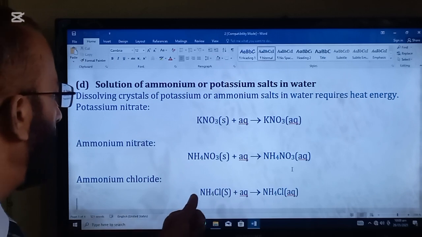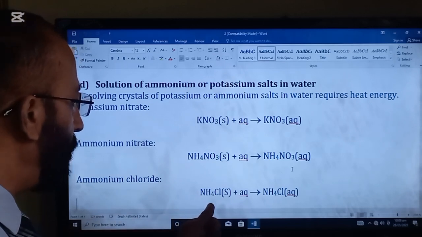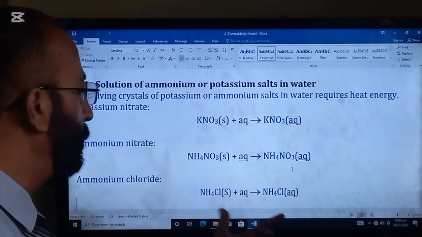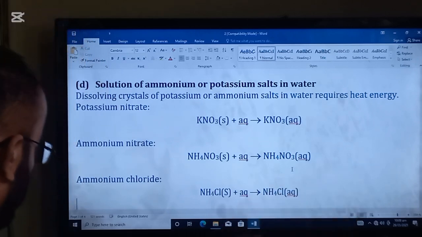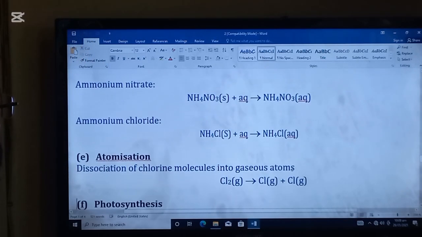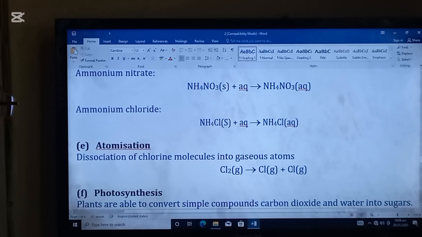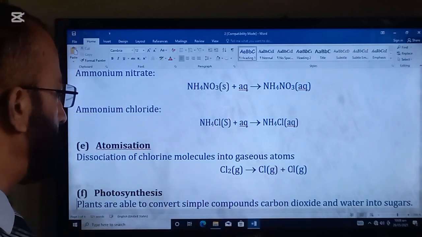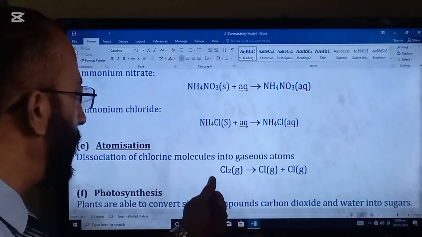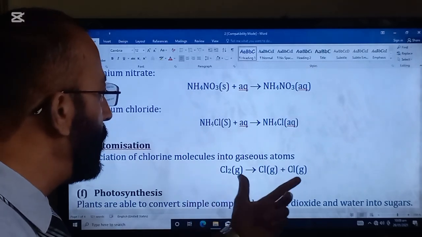Ammonium chloride dissolving in water requires energy, forms ammonium chloride aqueous solution. Next example of an endothermic reaction is atomization. Dissociation of the chlorine molecule into gaseous atoms. Equation is here, Cl2 is converting into atoms.